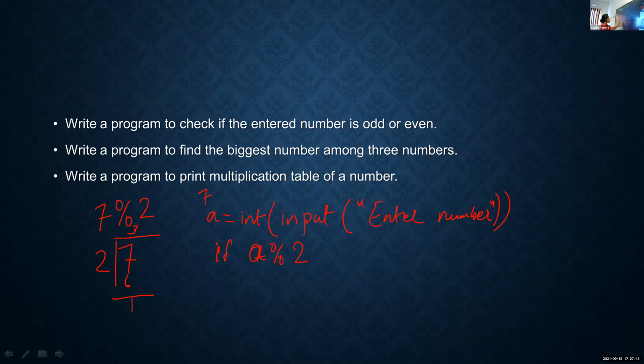The value we enter is stored in the variable A. So if A mod 2 is equal to 0, that means there is no remainder, so we can print even. Else, print odd.